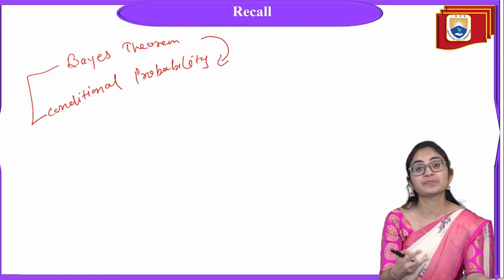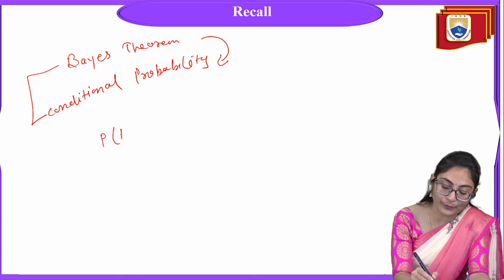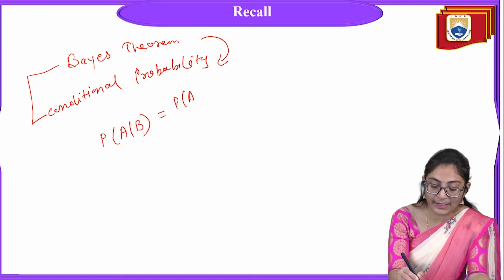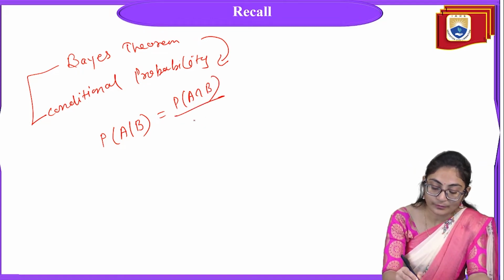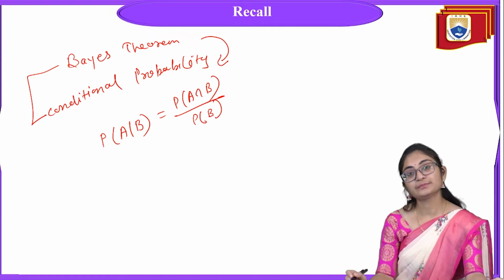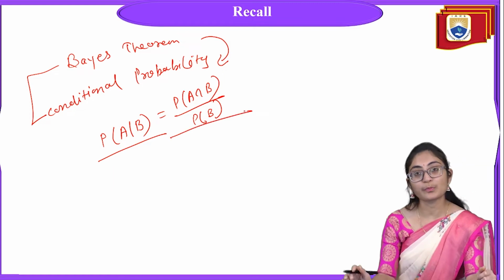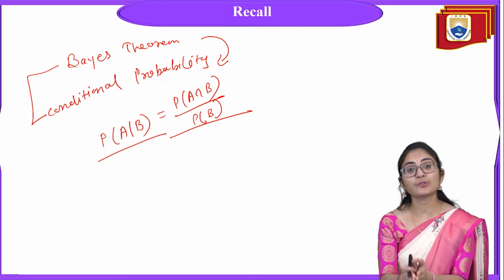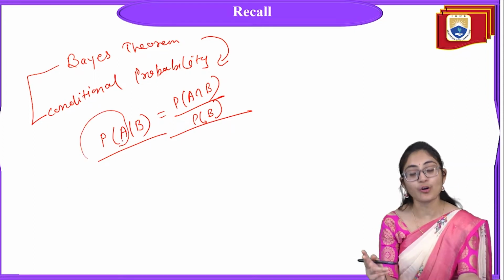For example, P of A given B is equal to P of A intersection B divided by P of B. You have to find out P of A, but B already occurred.